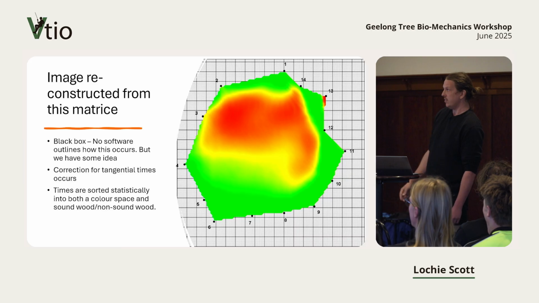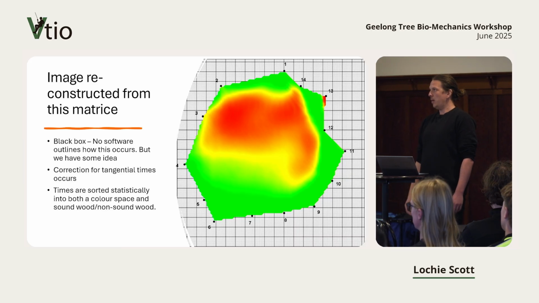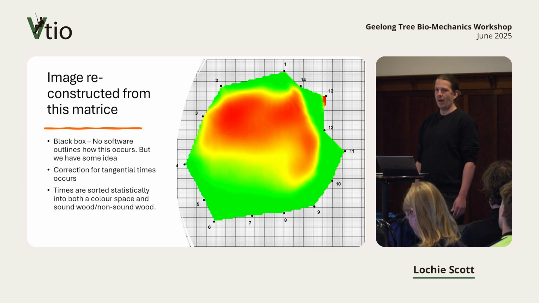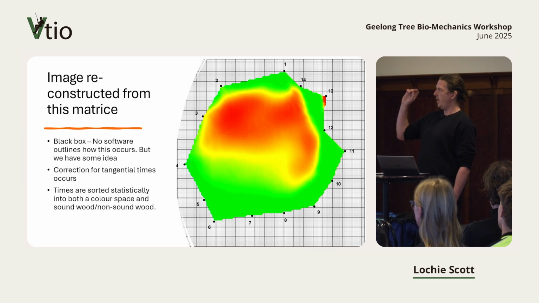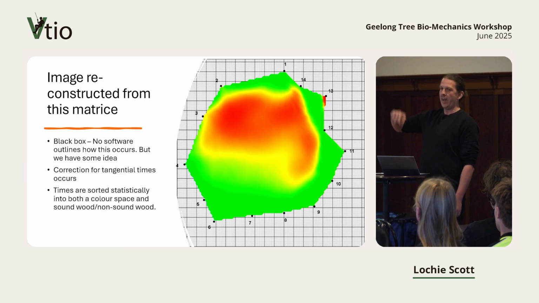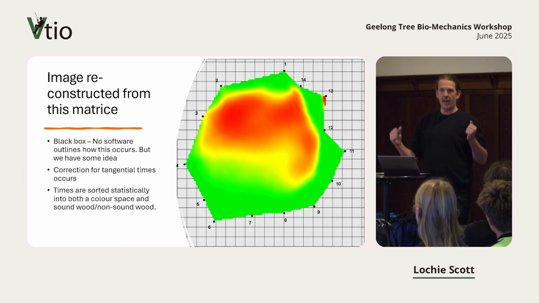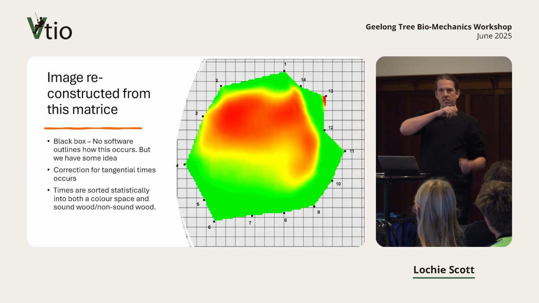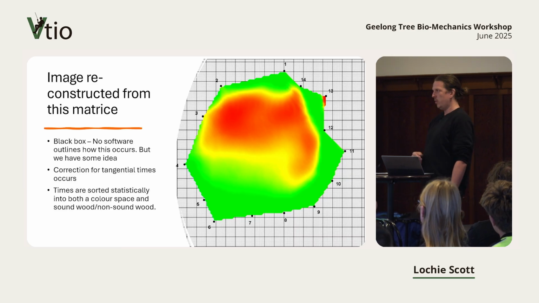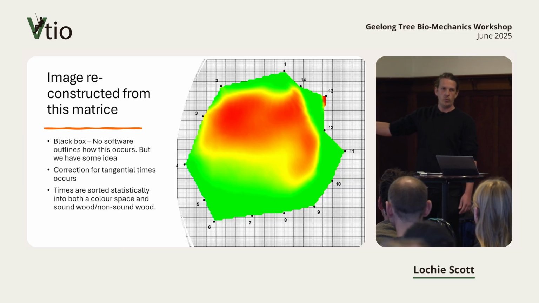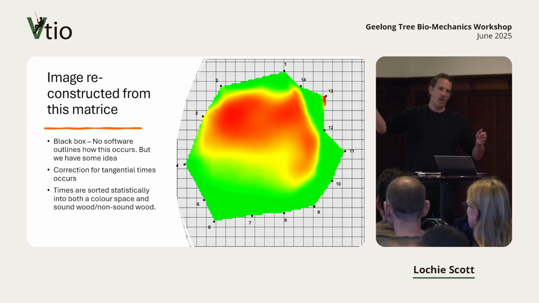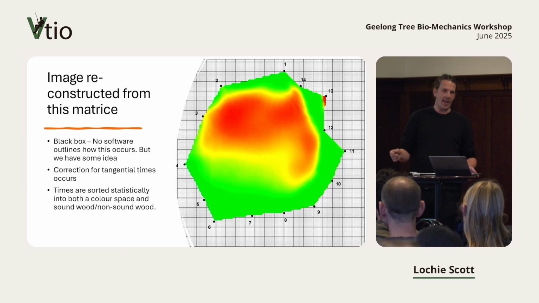So it's reconstructed in some way and we put it onto some kind of colour space. In all the software you can pick different ones, but typically it might be green, orange, red, and we get this limited amount of colours to put the image in. It might be the top 25% of times get put in as sound wood, the bottom 25% as decay, and in the middle we have to sort them in some way.